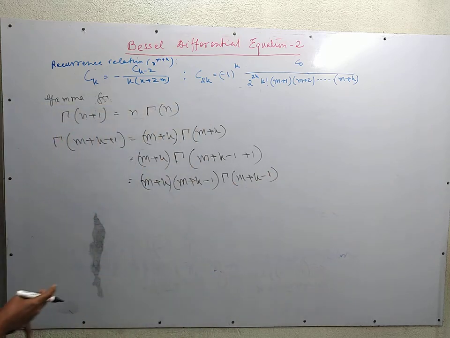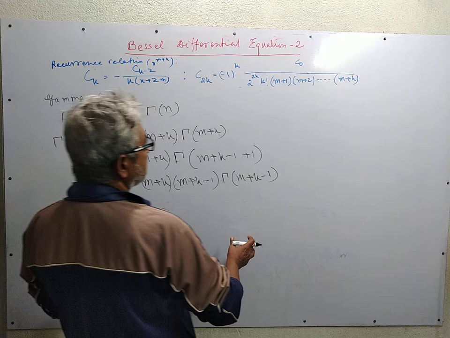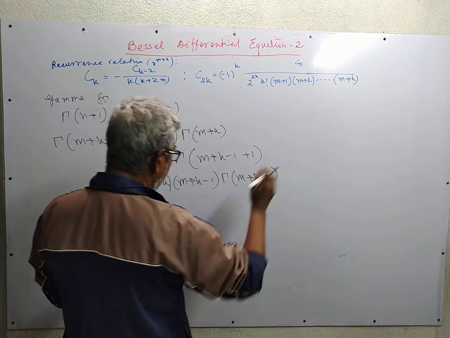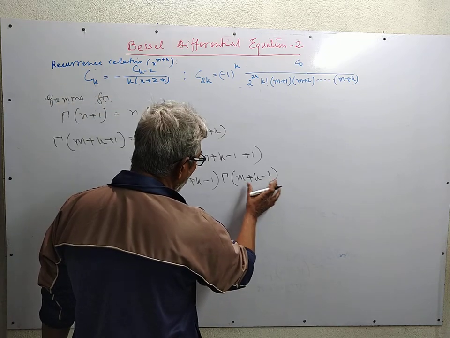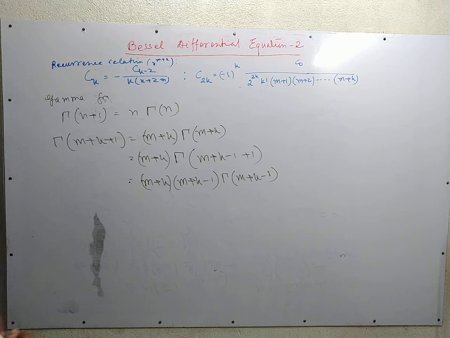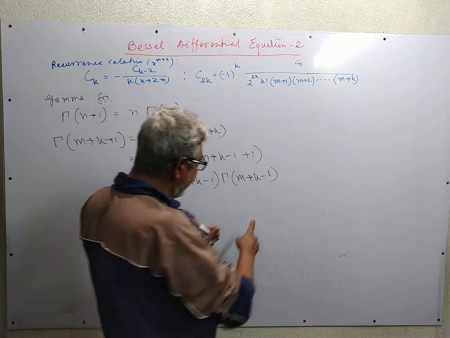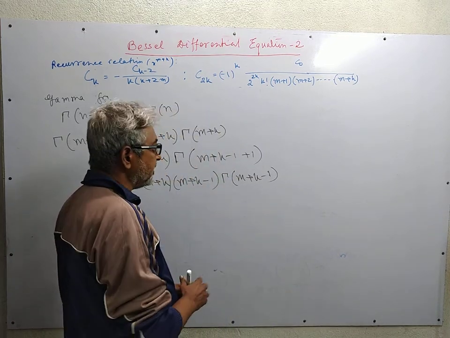Then we can continue this part, and ultimately the value of this will go on decreasing, and this process can be continued until we land up with the m plus 1 term.